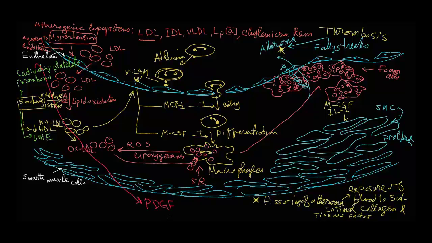And this growth factor has a role in the proliferation of the smooth muscles. So we can say that the effect of smoking as a risk factor is due to its pro-oxidant effect, and also because of depletion of high-density lipoproteins, and because of depletion of vitamin E from the shell of the lipoproteins, and also because it activates thrombosis and activates platelets, so that platelets produce platelet-derived growth factor, which contributes to the proliferation of smooth muscle cells.